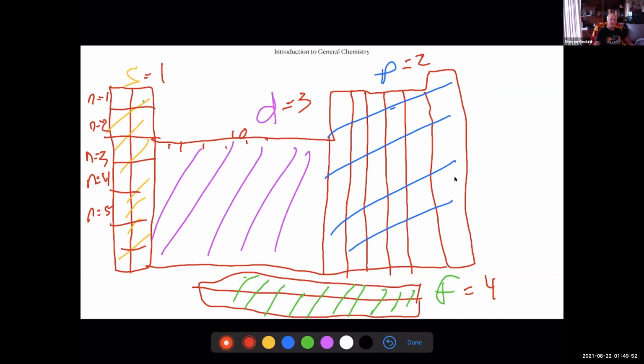Remember, the S's start with 1, and the P's start with 2, so the energy level for P when it comes across here is going to be 2, and then 3, 4, etc., going down. D's start with 3, so you're going to have 3, 4, 5 going down. And F's start with 4, going down for your energy levels. So that's the basics of how we're going to do these sublevels.